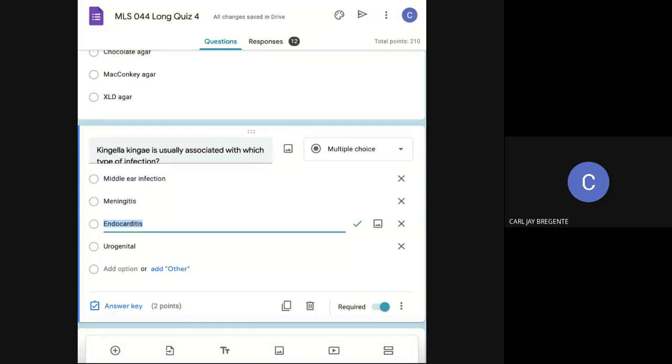But when they are disturbed or when they have opportunity to cause infections, they can go to the bloodstream and then affect now several organs like the heart. So, mo-end up maka-cause sila ug endocarditis usually. So, specimen of choice for Kingella kingae isolation is of course, since bloodstream infection man siya, so you can do blood culture.